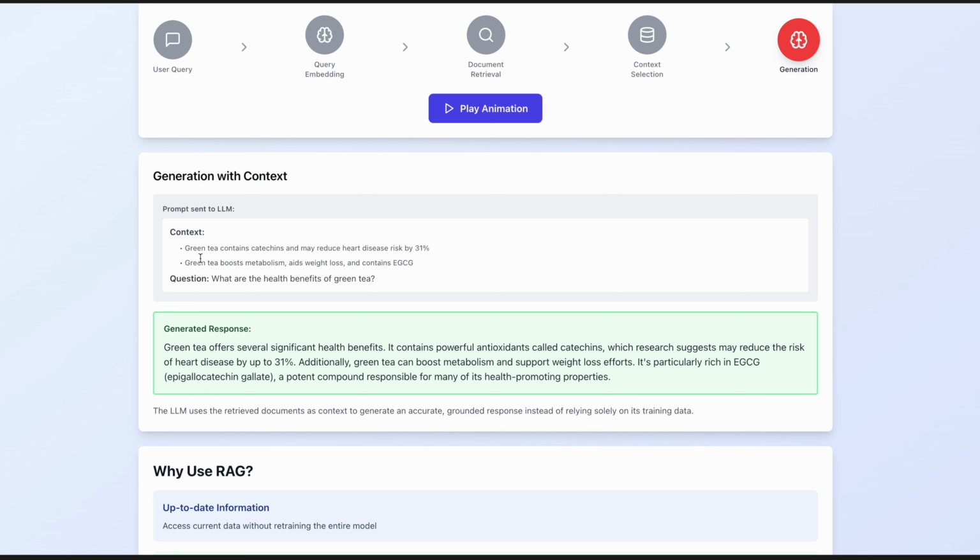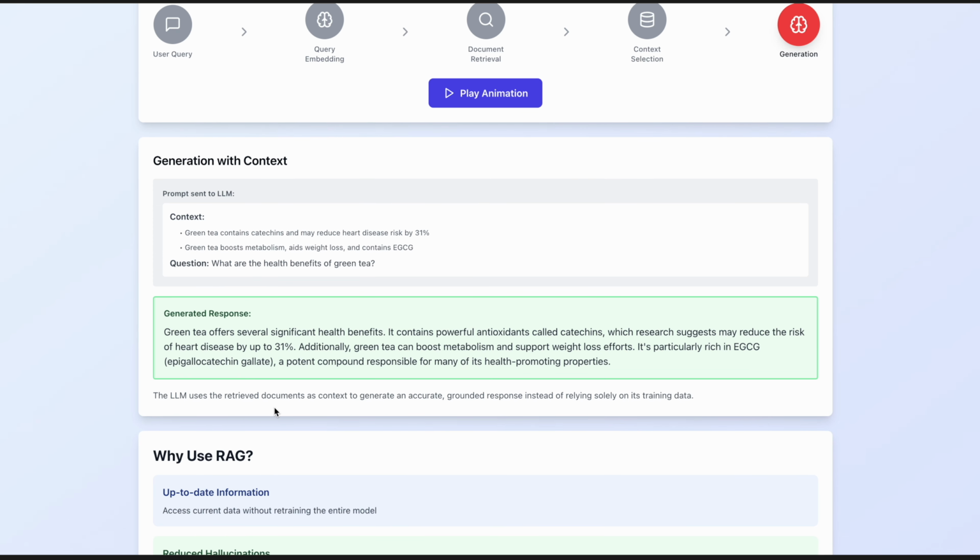So the context is: green tea contains catechins and may reduce heart disease risk by 31%. Green tea boosts metabolism, aids weight loss, and contains EGCG. Okay, I don't know what it is, but yeah.